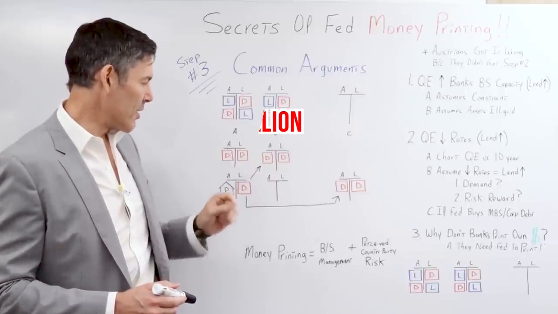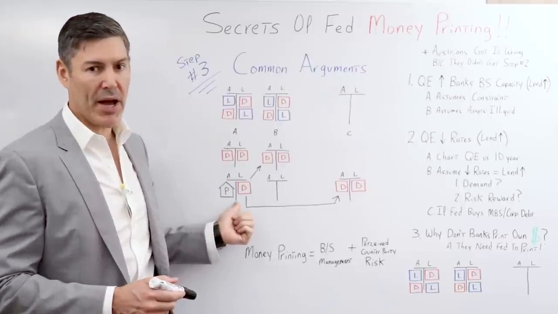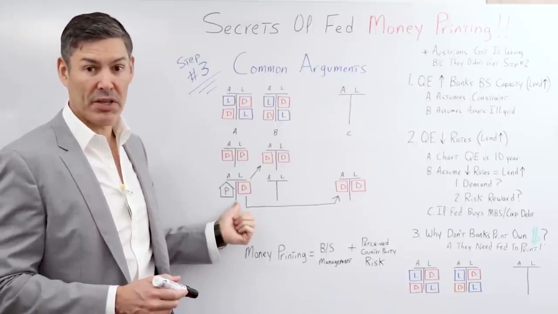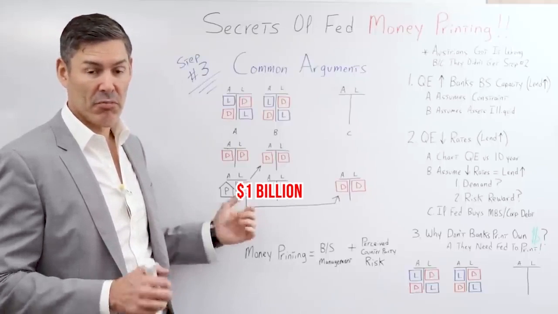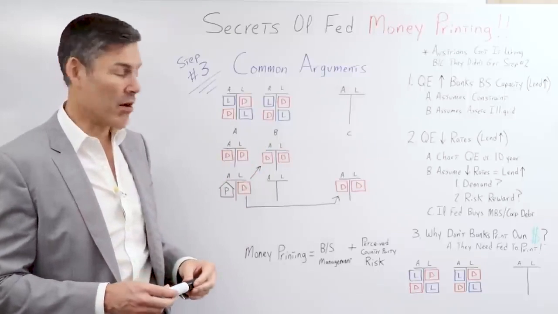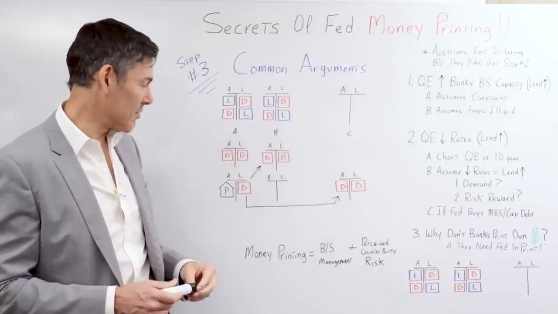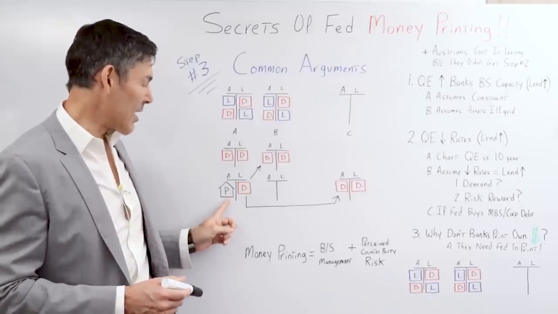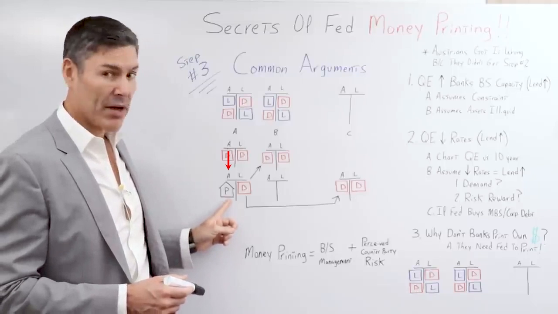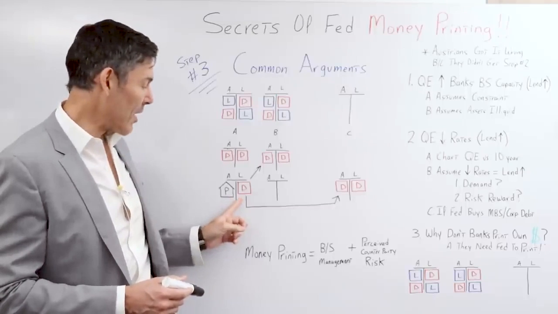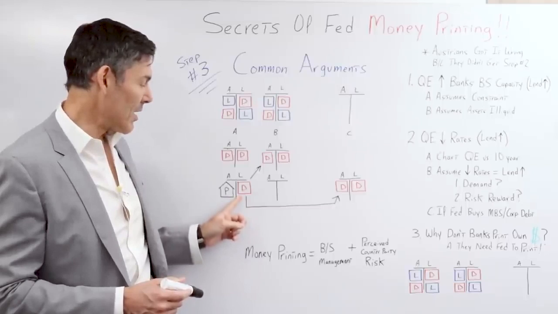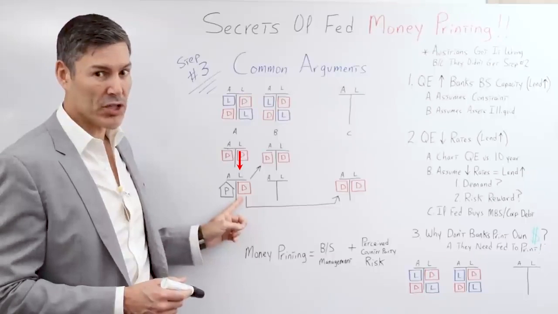Now let's assume that Bank A wants to buy a property for $1 billion that the banks just printed out of thin air by this process of them being in cahoots. So that property would now be an asset on Bank A's balance sheet, but the deposit would be a liability, that original deposit.